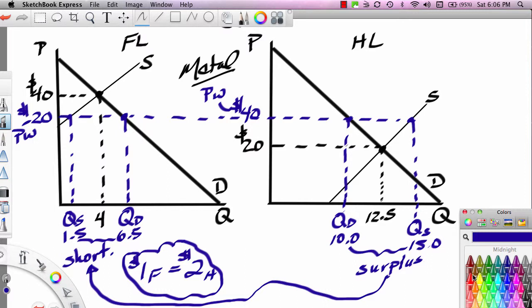So let me use a different color here. I'll use red. And I'm going to label this area right here A, this area right here B, this area here C, and this little area right here is going to be D. Okay?